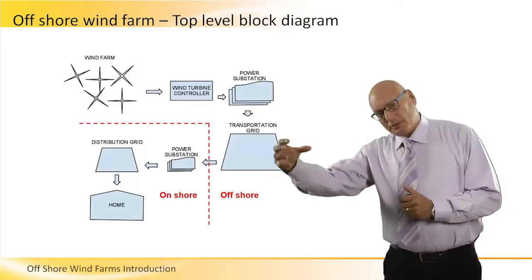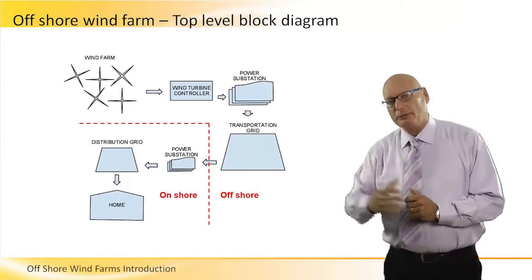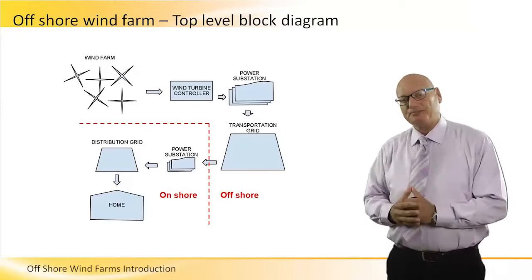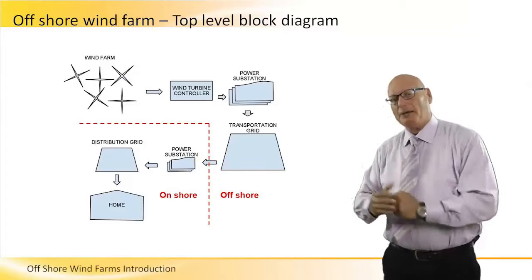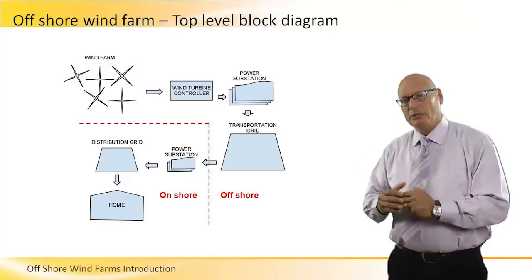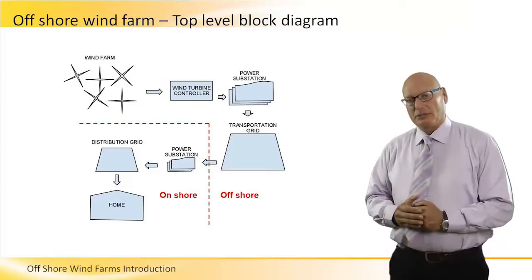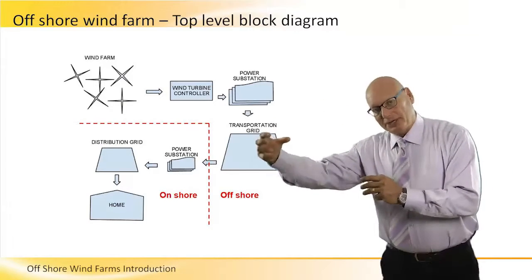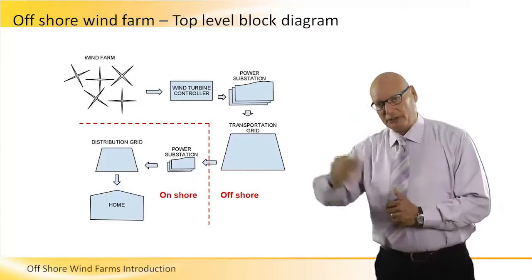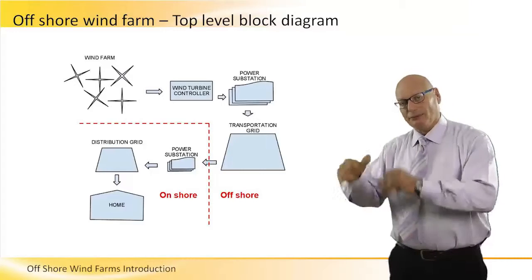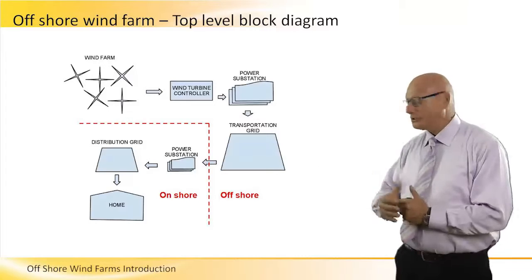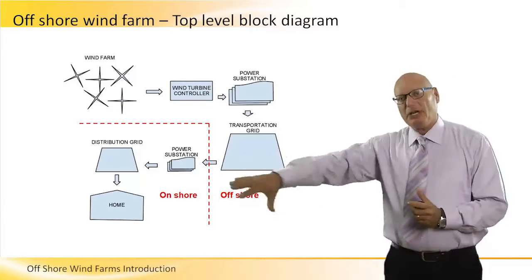Then it goes a few hundred meters or maybe 1 kilometer to another set of power substations, another step-up stage of the voltage from, let's say, 15 kilovolts to 50 kilovolts. And it will go then to another substation to step up the voltage from 50 kilovolts to 200 kilovolts. And that's very high voltage. It goes to the transportation grid, transmission lines.